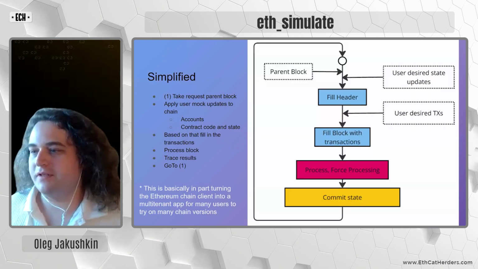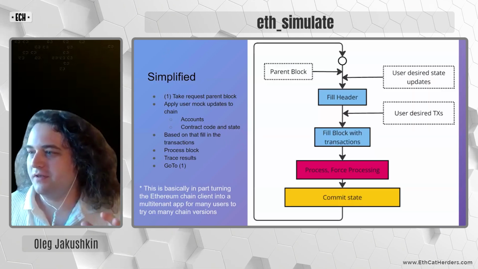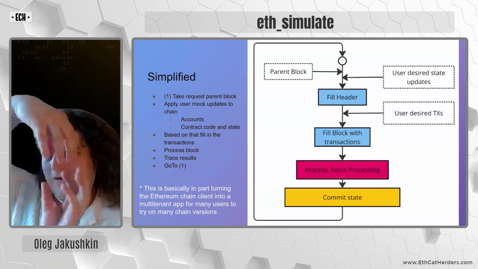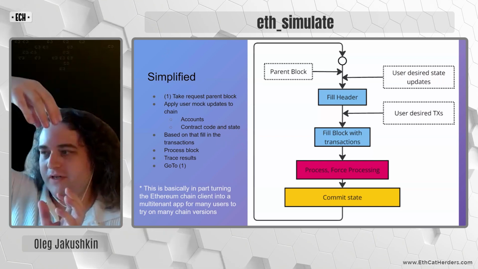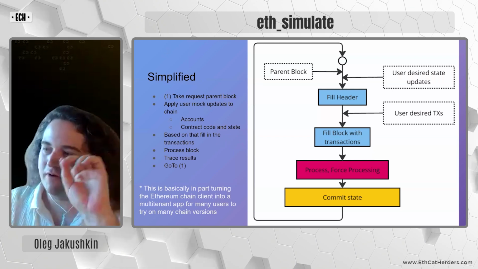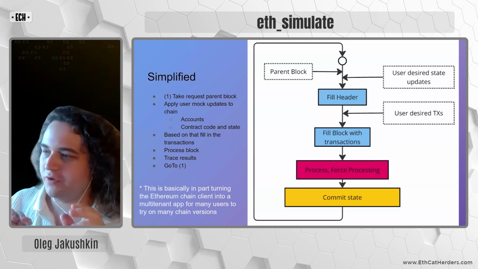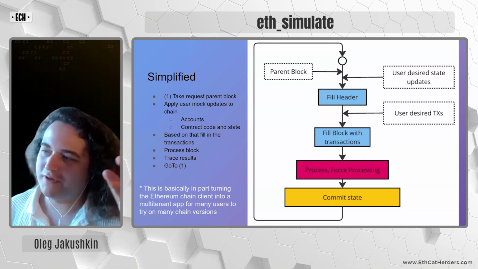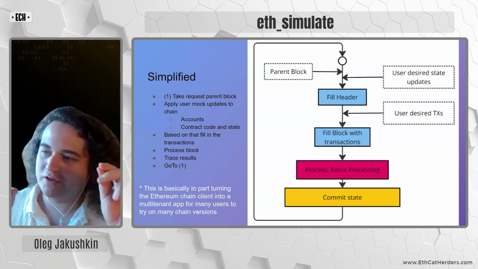So in simplified form, you can imagine ETH simulate as a machine that would allow you to take your general blockchain tree and make branches out of it. Many branches, wherever users might want to go to explore what can happen on the chain, what can happen to contracts if certain decisions were made.